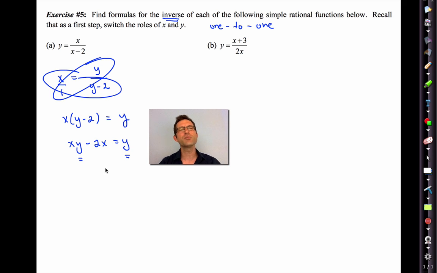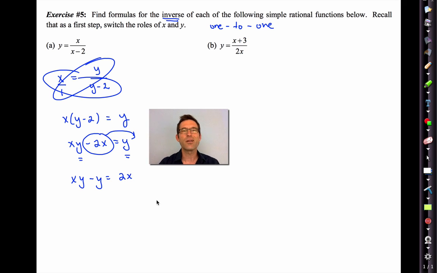And in fact, at this point, what I want you to do in these types of problems is everything that has a y in it, I want you to bring it to one side, and everything without a y in it, I want you to bring to the other side. Now, which side should you leave the y on? It doesn't really matter. If I bring the y over to this side, it will become a negative y. And if I bring this 2x to this side, it will become a positive 2x.